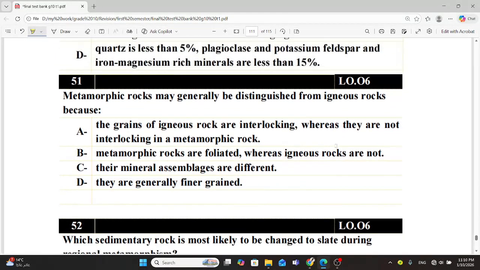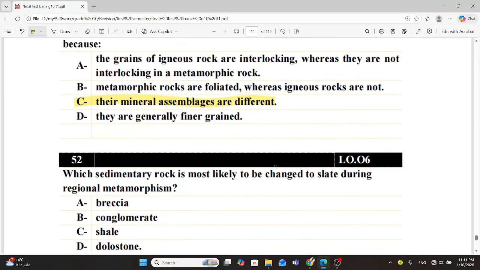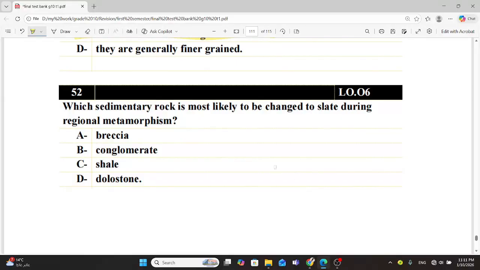طيب metamorphic rock may generally be distinguished from igneous rock because the grains of igneous rock are interlocking whereas they aren't interlocking in a metamorphic rock, while a metamorphic rock are foliated whereas igneous rock aren't, while their mineral assembling are different.